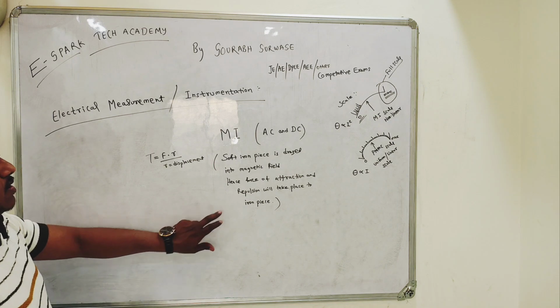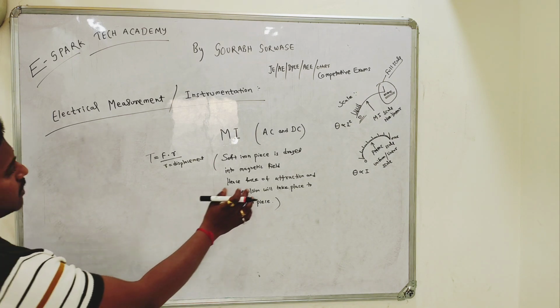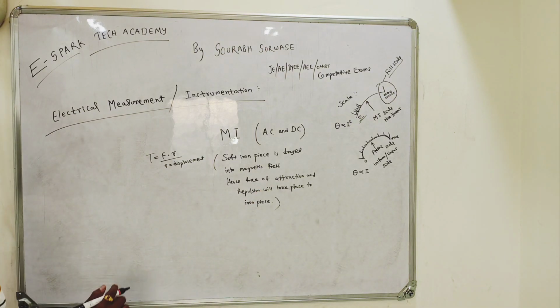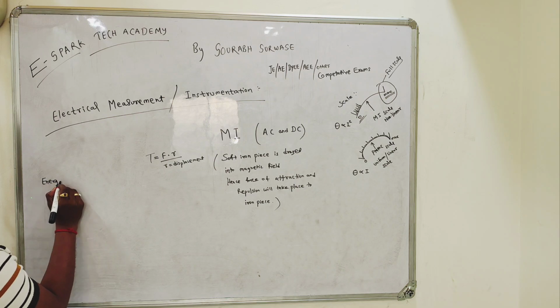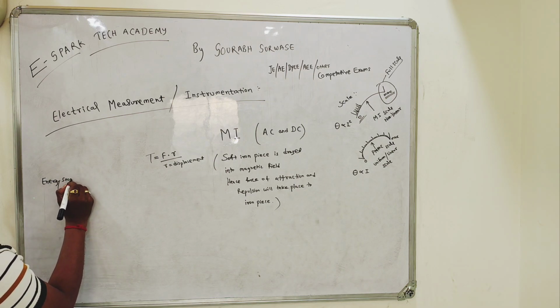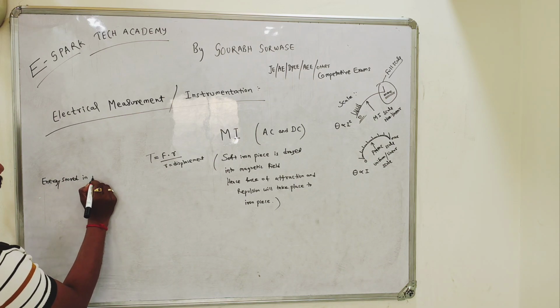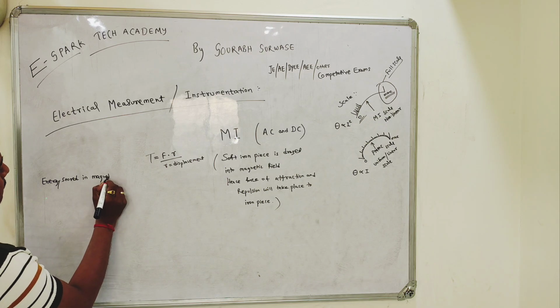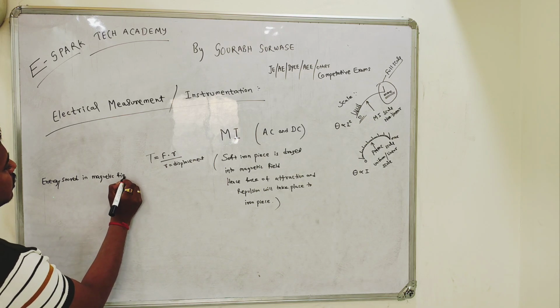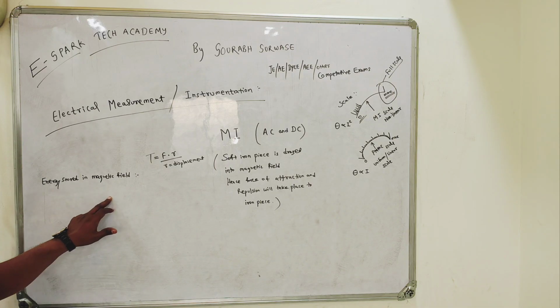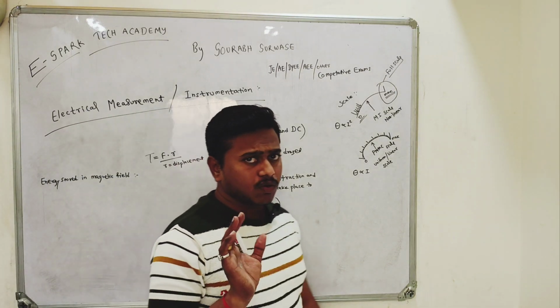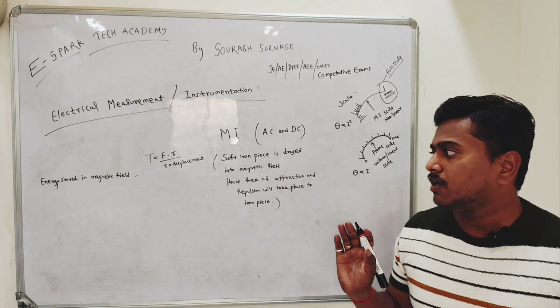Now, in this case, as far as magnetic field is concerned, you can write the equation for energy stored in magnetic field. Already we have studied that whenever magnetic field is concerned, we will be going through inductor concept.